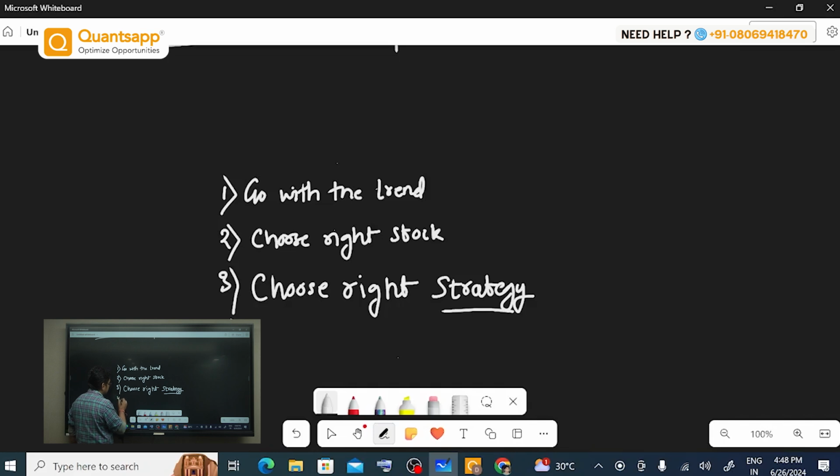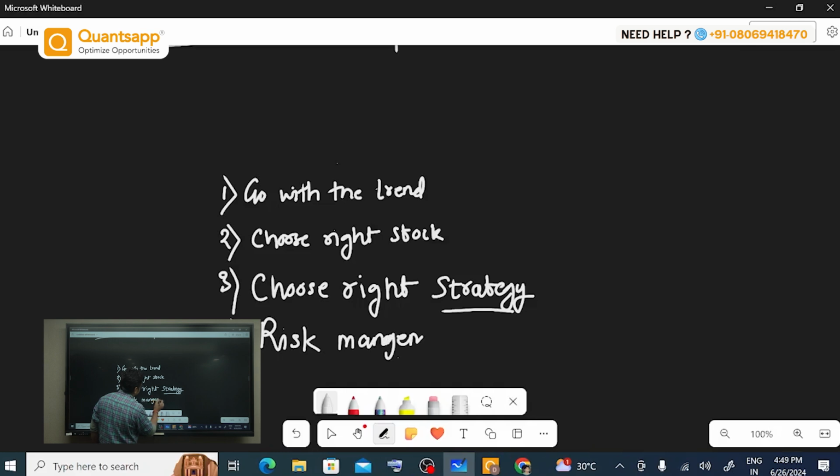Fourth one is risk management. It might be fourth on the list, but it is very important. Risk management. So these 4 points are really important for a trader, whether you are a new trader or experienced trader. Now we are going to talk about index contribution.